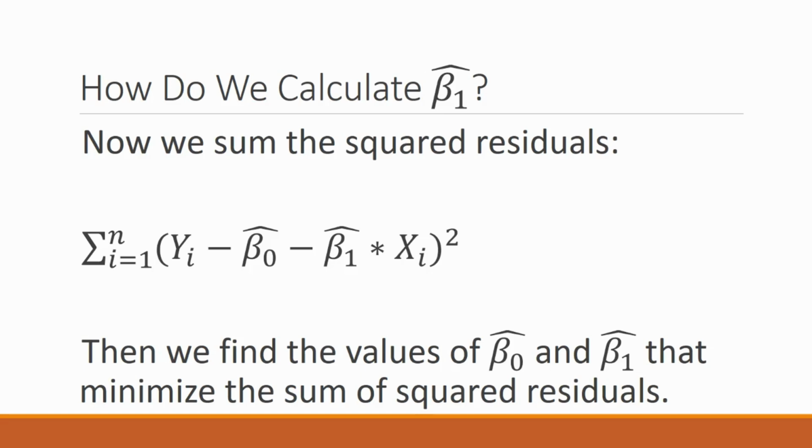Again, the intuition in creating this sum of squared residuals is that we get a measurement of how big the residuals are, all of them together. How big are the residuals? Then we want to find the beta 0 and beta 1 values that give us the smallest residuals. Those will be the best estimates of beta 0 and beta 1 that we can find.